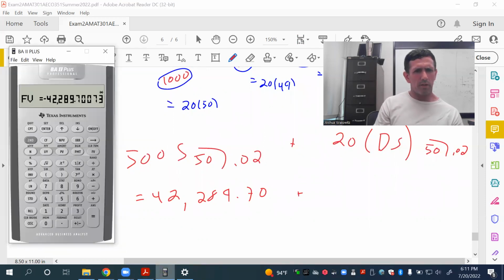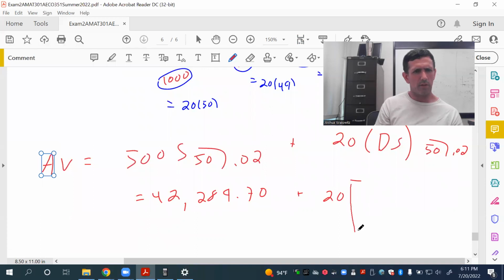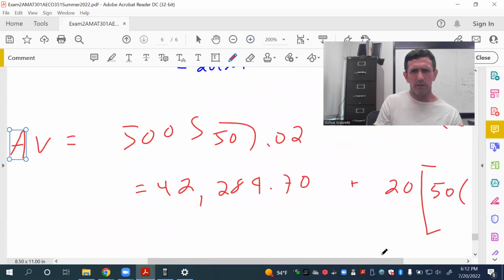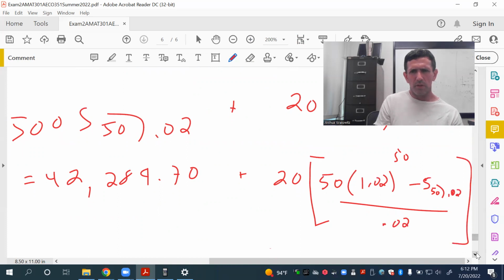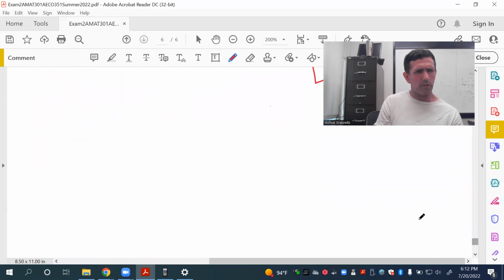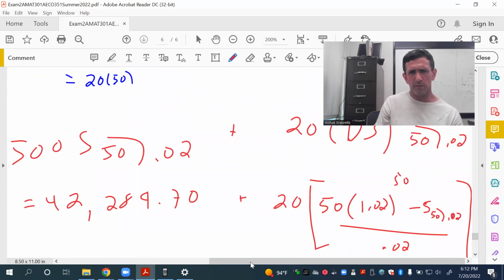Plus, well, the formula is 20 times 50 minus S 50 at 0.02, all over 0.02. All right, so this here, you can dump into your calculator. Well, I'll just do it real quick. It's easiest to get this first.